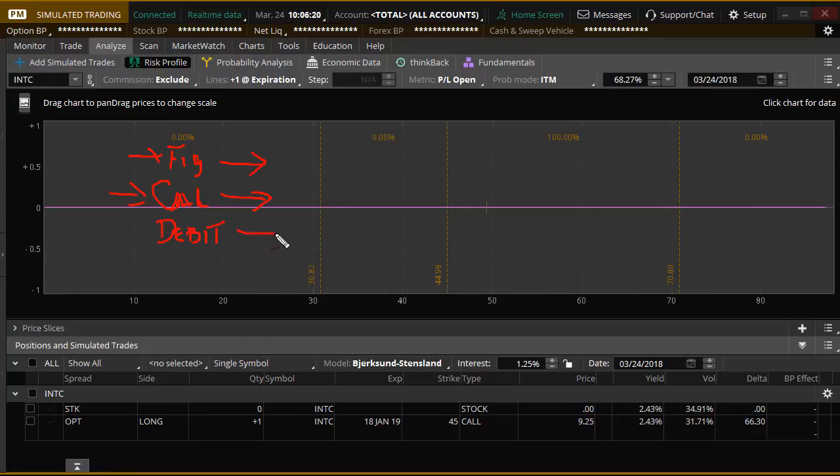We still have a directional assumption on this if we buy the call debit spread, that the stock is moving up. All we've done is set a stop loss and a profit target in a debit spread.